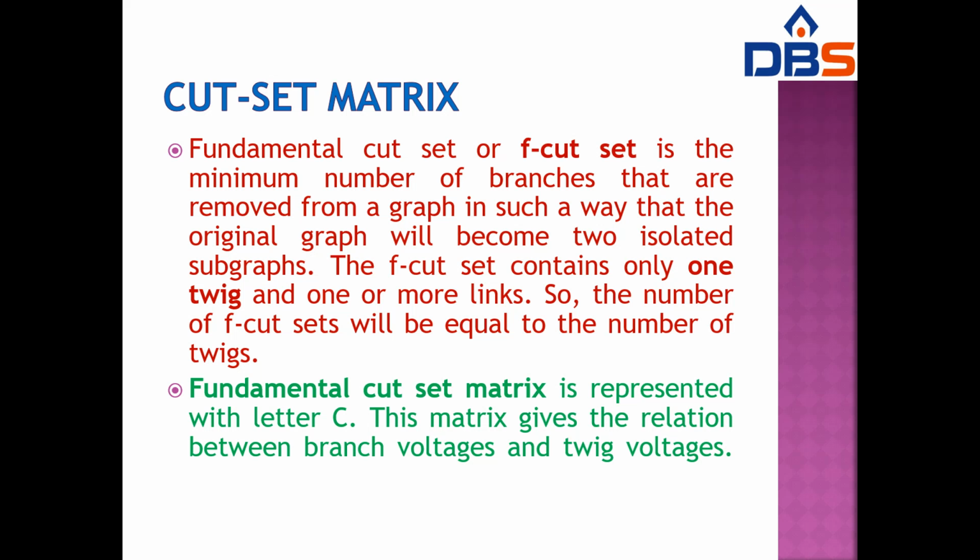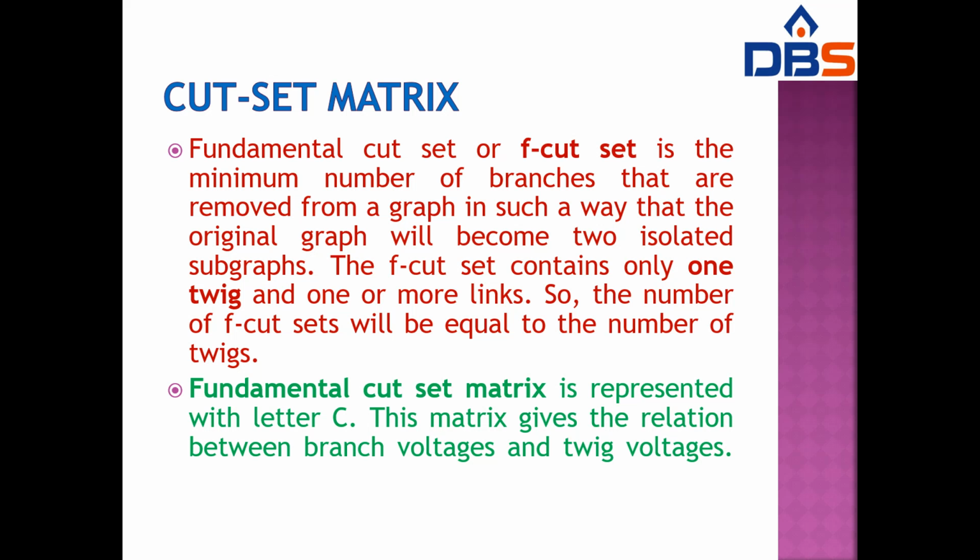For cut-set, there is only one tree branch. The number of tree branches is equal to the number of cut-sets. If n tree branches are there, that many cut-sets must be there. Cut-set means it cuts the graph. Like that, you have to cut the graph. It's nothing but the cut-set matrix.